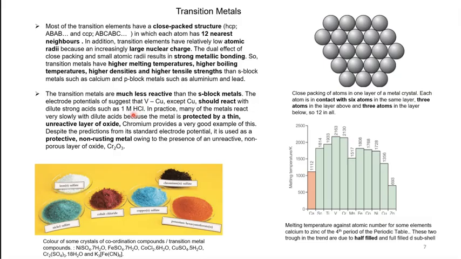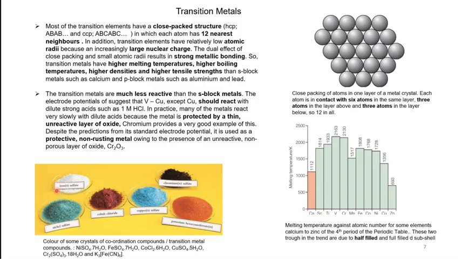But in practice, we do not see that, because the metal has a layer of oxide, an unreactive layer of oxides. The layer on the metal becomes an oxide layer, and therefore it does not easily react with a strong acid. This is also a protective layer, which makes chromium a non-rusting metal, owing to chromium oxide.